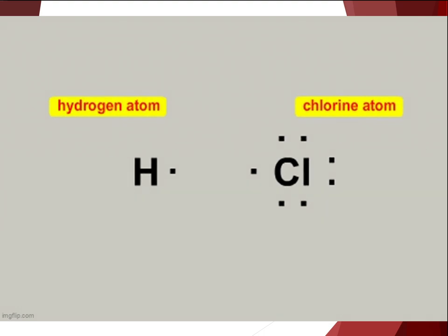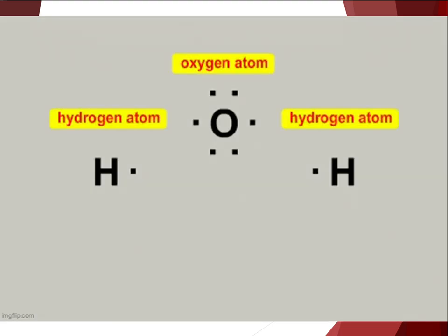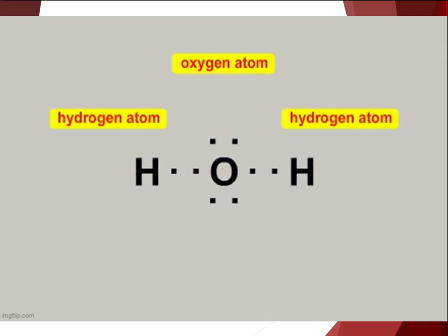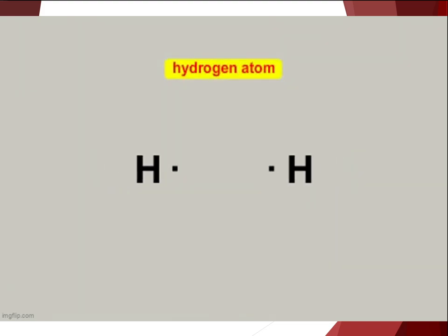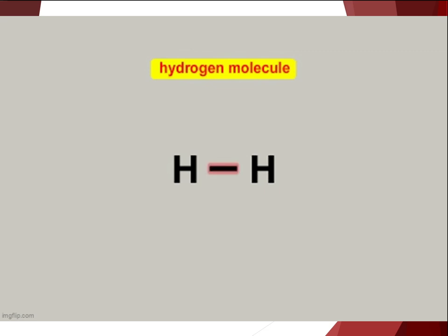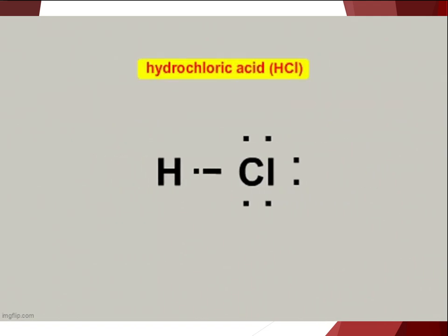In the Lewis structure for a fluorine molecule formed in this way, a single line can be used to represent the shared electron pair. The Lewis structure for oxygen shows that each atom has 6 valence electrons. An oxygen atom needs 2 additional electrons to complete its octet, going from 6 to 8.